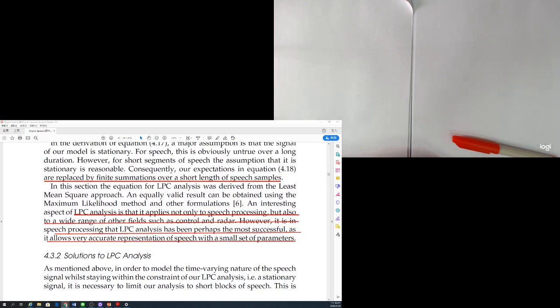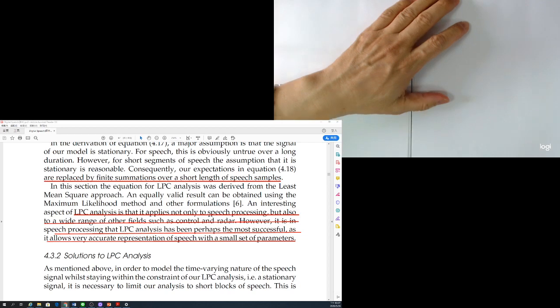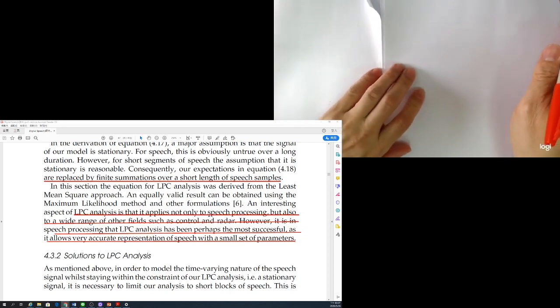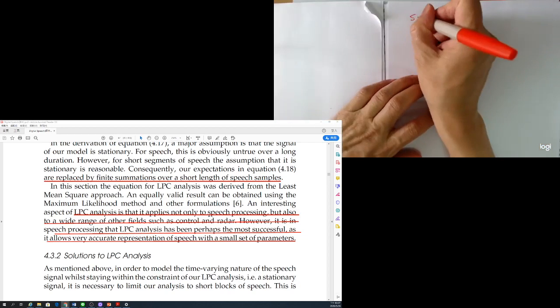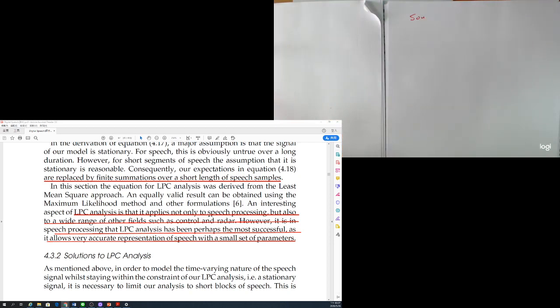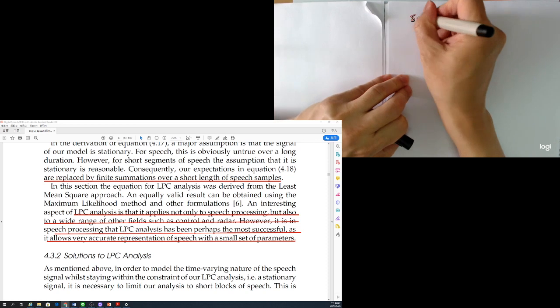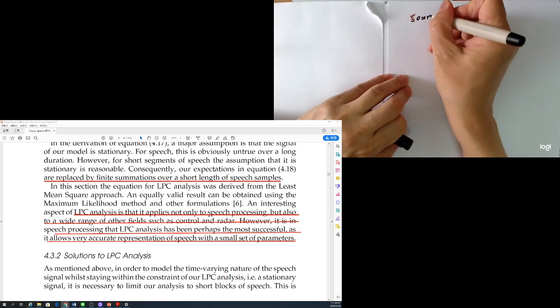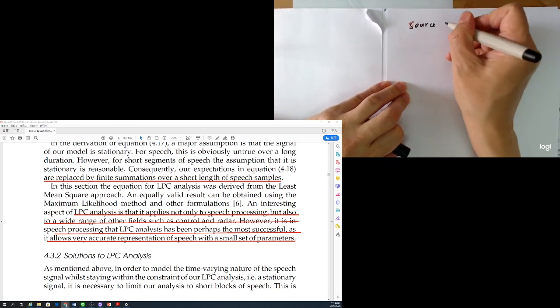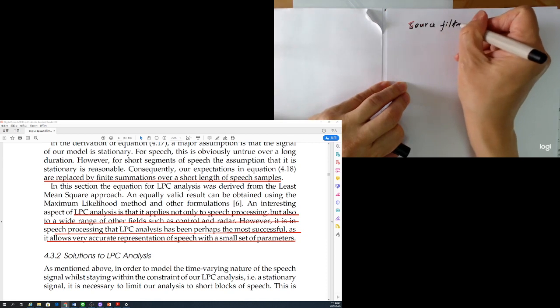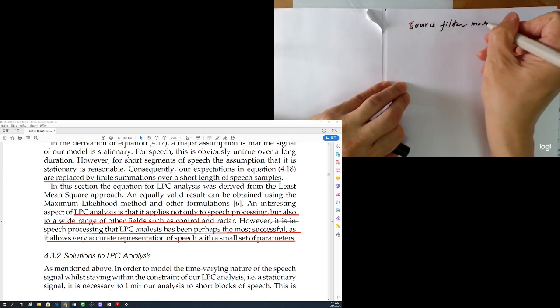What we want to do here, first, is the source filter model. So what is the source filter model?